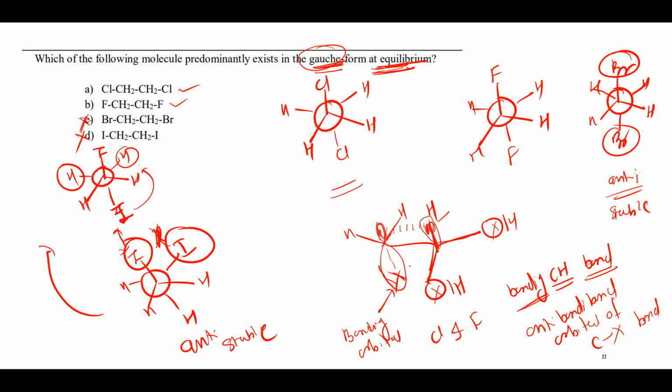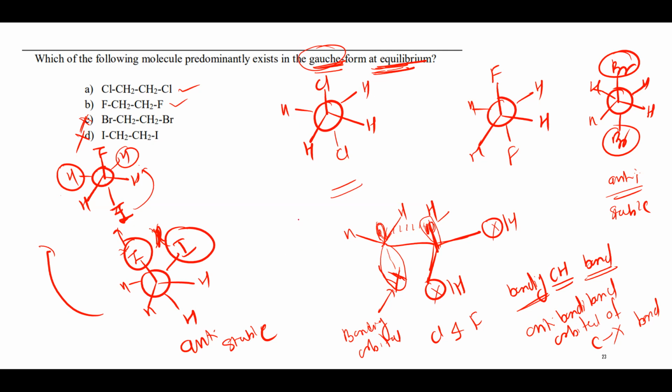So that's why the gauche conformation in case of the fluoro is more stable. But if you see the chloro, if you apply the same scenario here, the chloro doesn't have sufficient electronegativity to polarize the bond in this format.